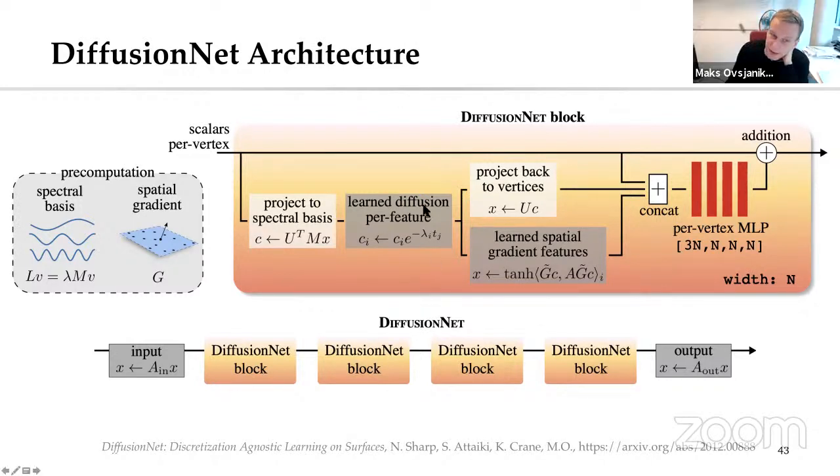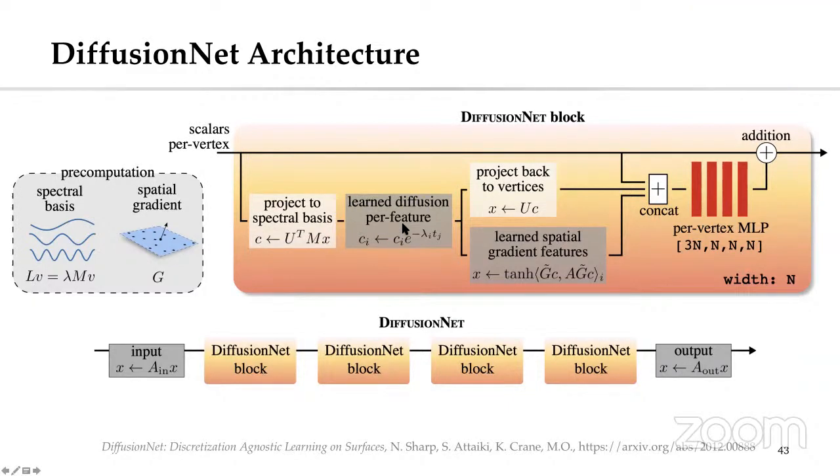So wait, here this is in the reduced basis. But then we convert back to the spatial basis, and then you can take the gradient, right?